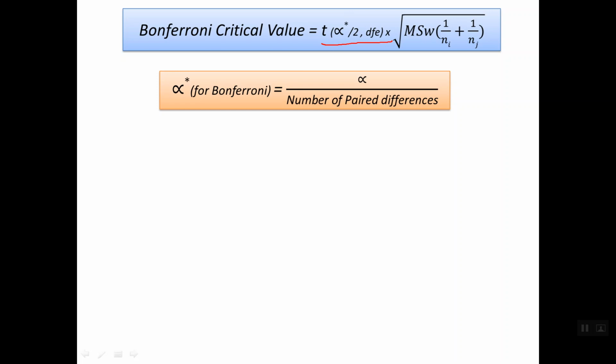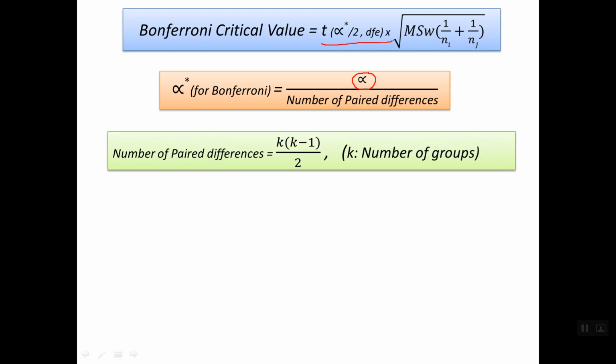Alpha star, or alpha for Bonferroni, is equal to the original alpha, and in our question it is 0.05, divided by the number of paired differences. How many pairs between the means in the groups do we have? Regarding the number of paired differences, it can simply be calculated by k times k minus 1 divided by 2, and k represents the number of groups.